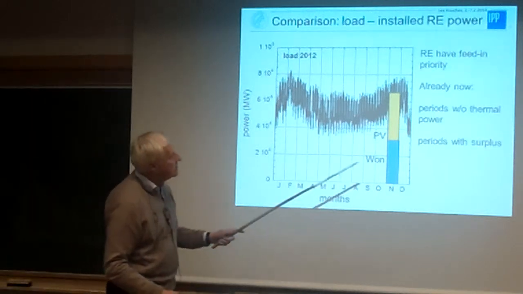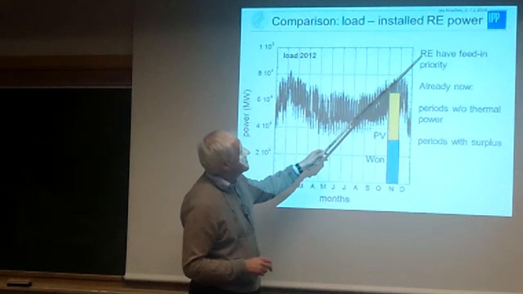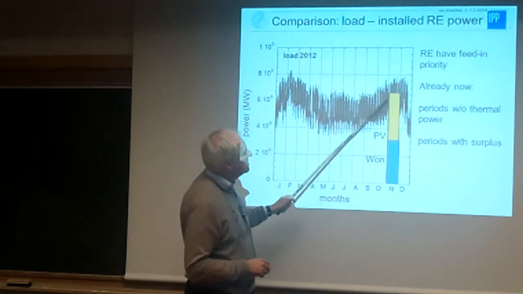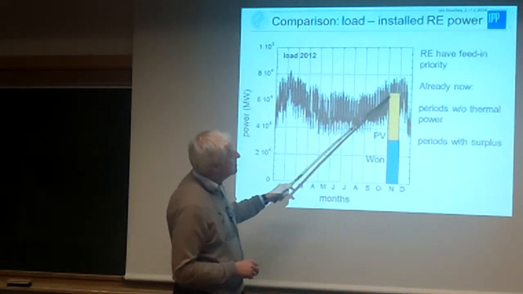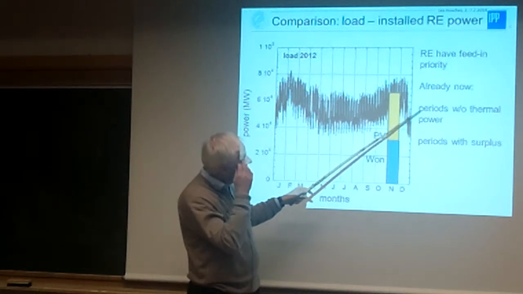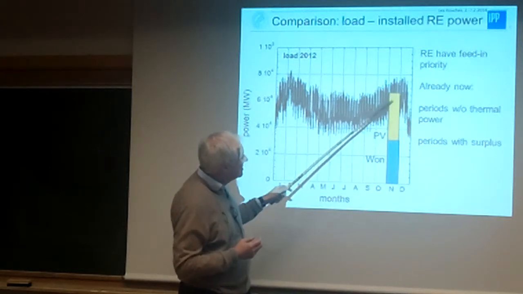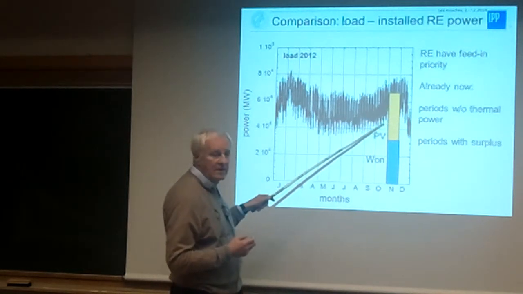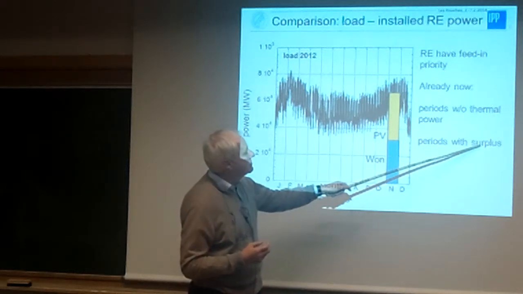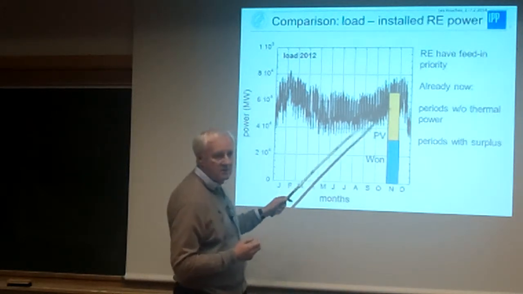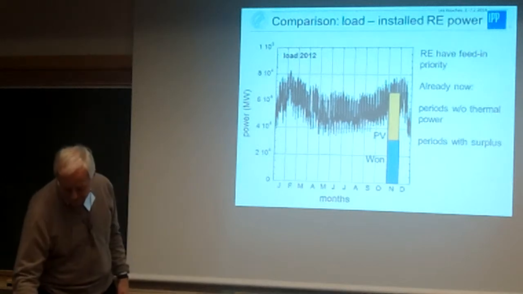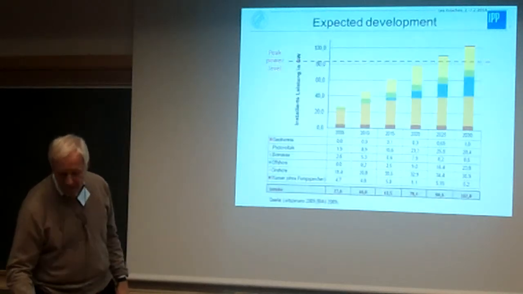And we have now a situation that the renewable energies have feed-in priority, so what is produced goes into the grid, and already now we have periods without thermal power, because this is larger than, for example, the lowest values there, and we have periods with surplus. So this is the present day situation in Germany.